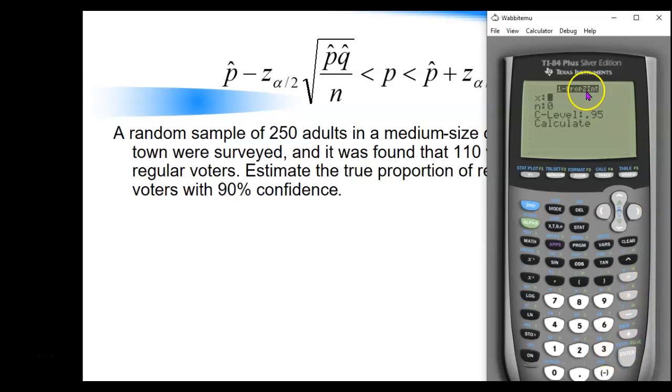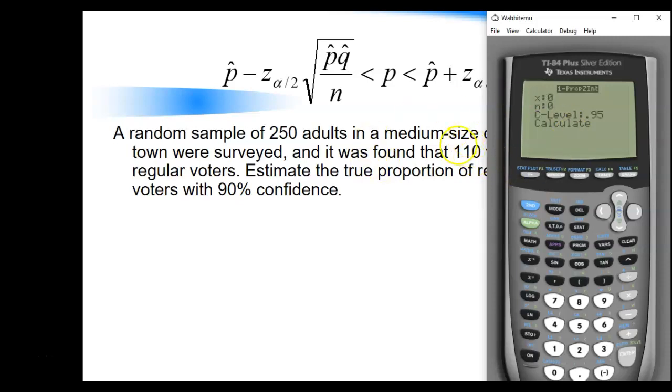When I select that, it's going to ask me for three numbers: x, n, and the confidence level. So n is the sample size, which would be 250. And x is the actual number out of those 250 that fall into the category we're talking about, in this case being regular voters.